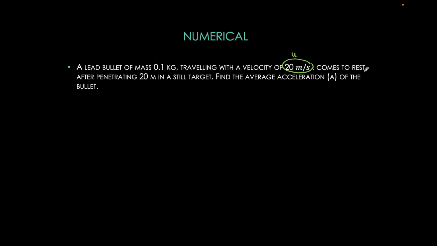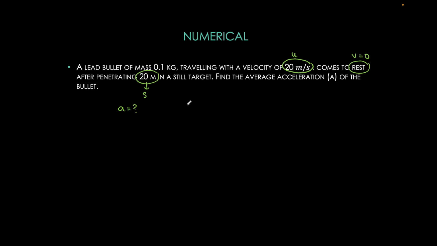It comes to rest, meaning the final velocity will be 0, right? After penetrating 20 meter in a steel target, so this 20 meter is basically the displacement. Here it is asked to find the average acceleration of the bullet, right?